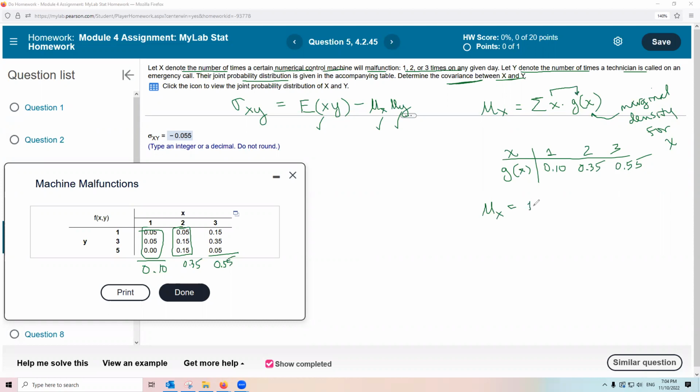So this is going to be 1 times 0.1 plus 2 times 0.35 plus 3 times 0.55. All right, I'm just going to add these up. This is 0.1, this is 0.7, and this is 1.65, I think. So if I add these together, I think I'm getting 2.45.